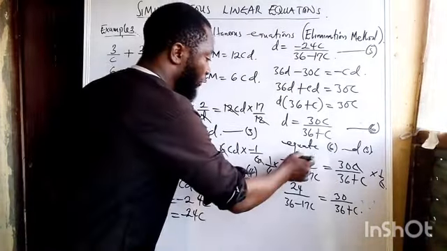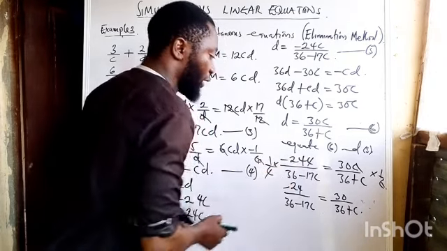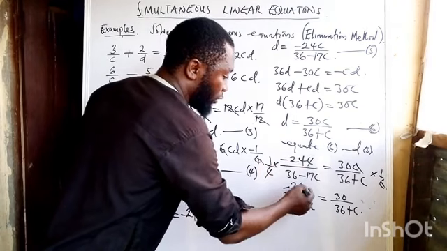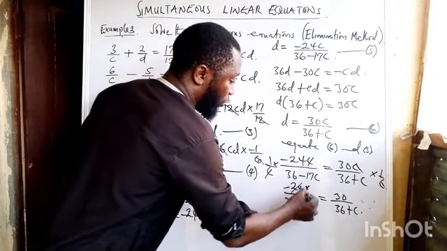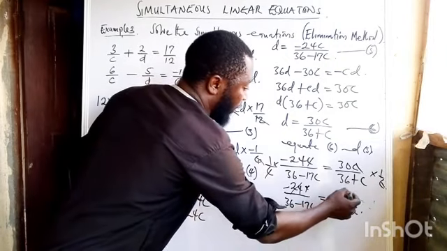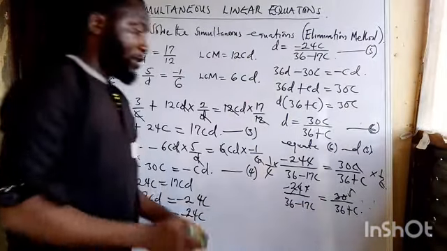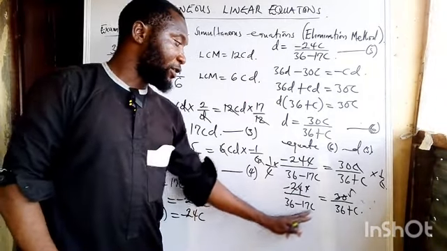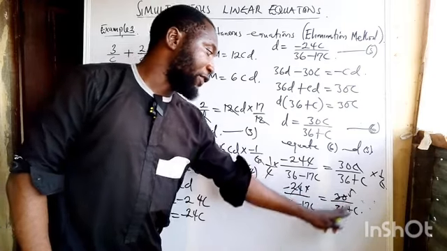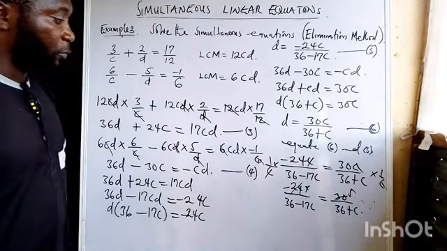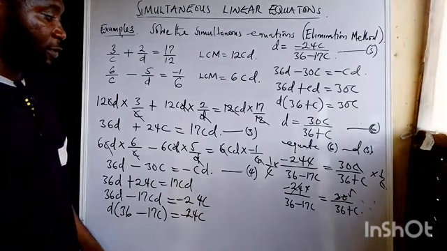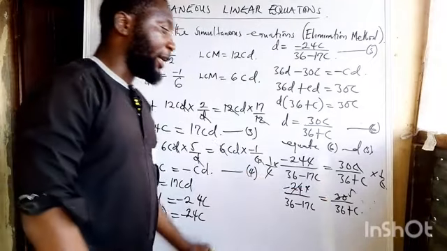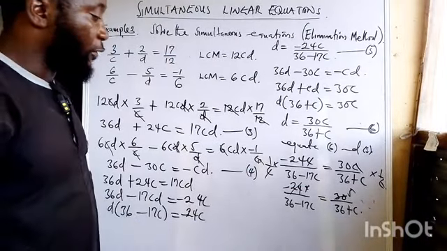If you divide 24 by 6, you have 4. 30 by 6, you have 5. So now we reduce this further to negative 4 over 36 plus C equals 5 over 36 minus 17C. Because both can divide, we can reduce that. Now from here, it's easy for us to cross multiply and get the value of our letter C.